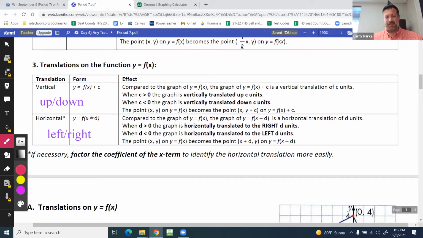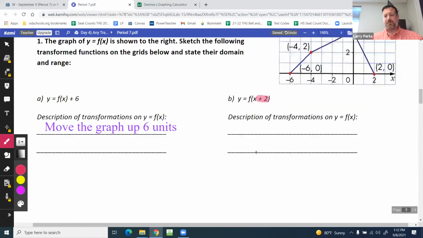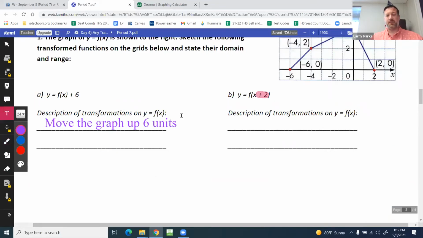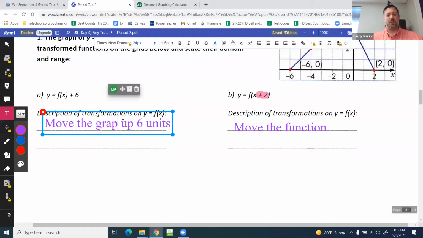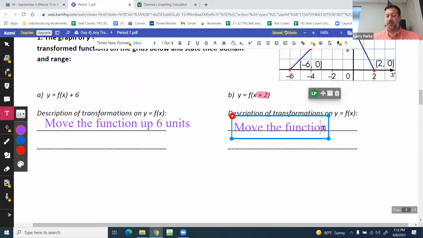If it's negative, the graph goes to the left. So with plus 2, you need to move the function to the left 2 units.